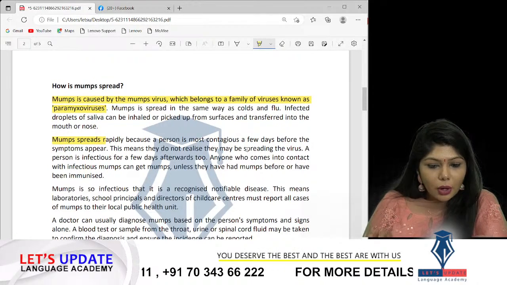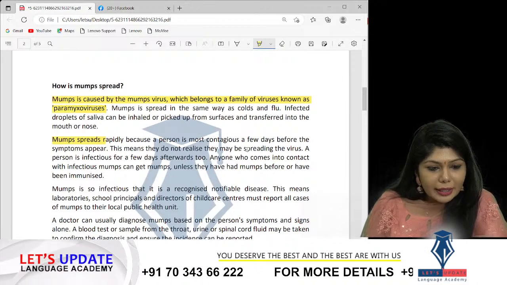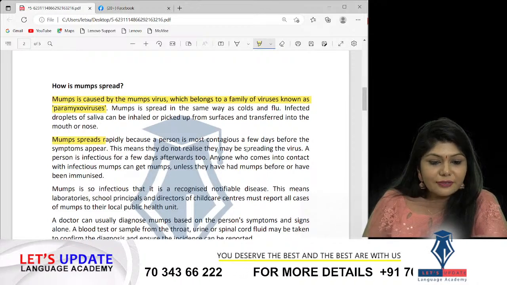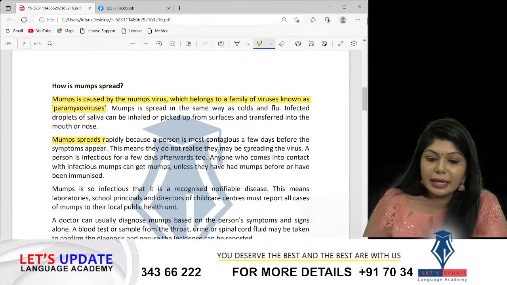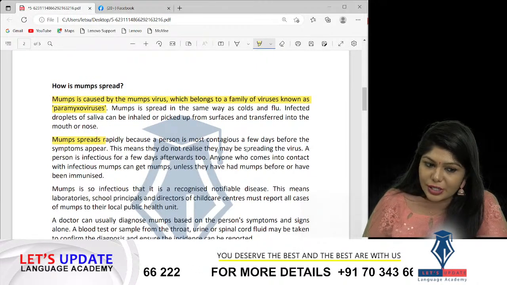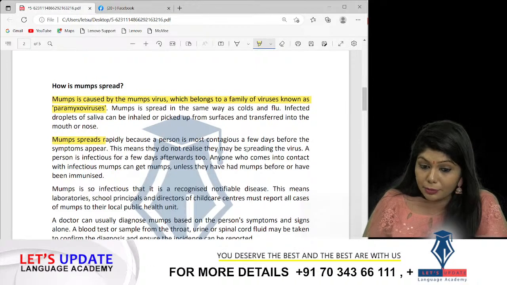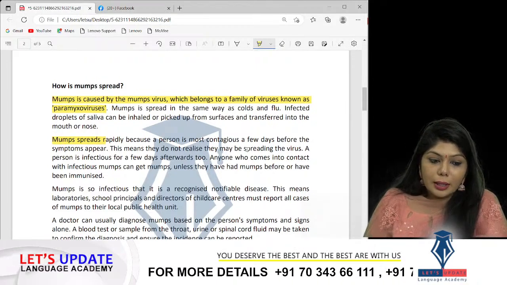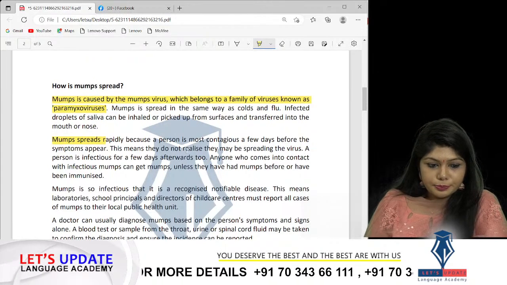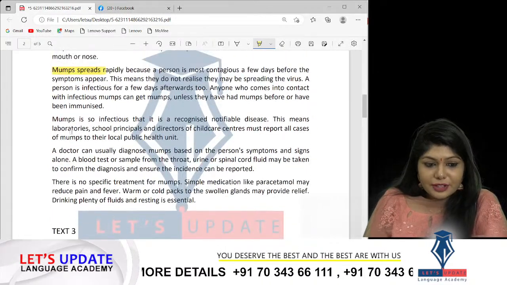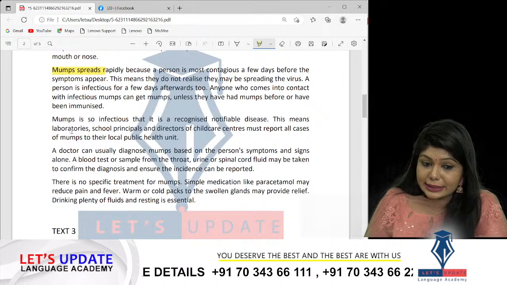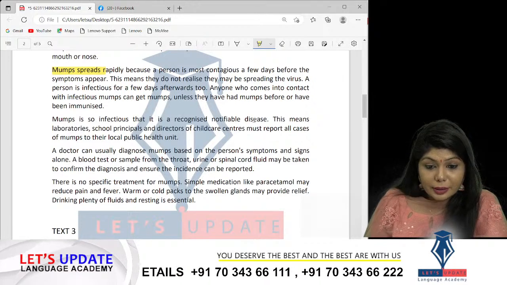This means they do not realize they may be spreading the virus. A person is infectious for a few days afterwards too. Anyone who comes in contact with infectious mumps can get mumps unless they have had mumps before or have been immunized.